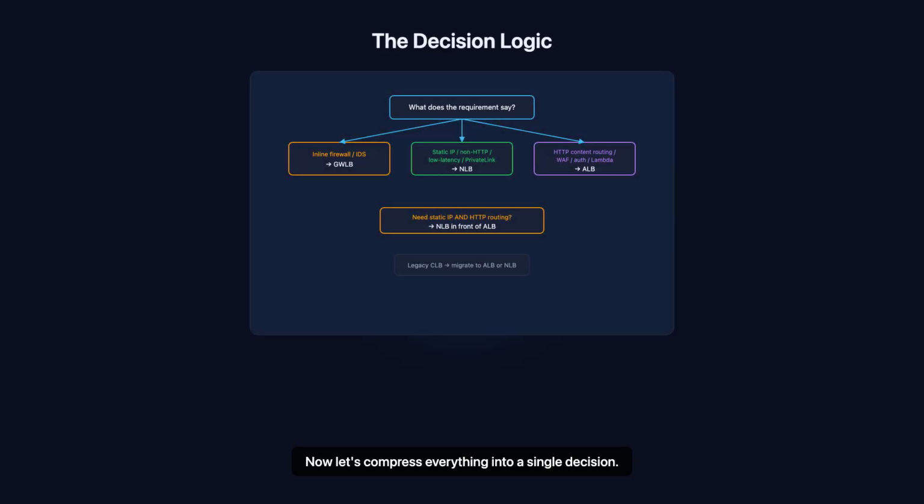Now let's compress everything into a single decision. Start by asking what the requirement actually says. If it needs an inline firewall or intrusion detection appliance, that's the gateway load balancer. If it calls for a static IP, a non-HTTP protocol, ultra-low latency, or a PrivateLink provider, that's the network load balancer.